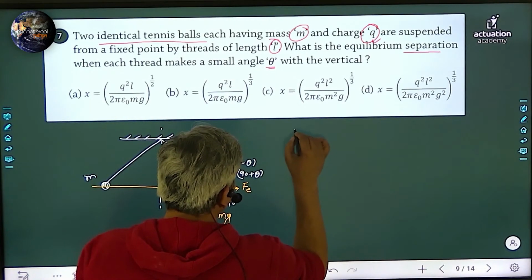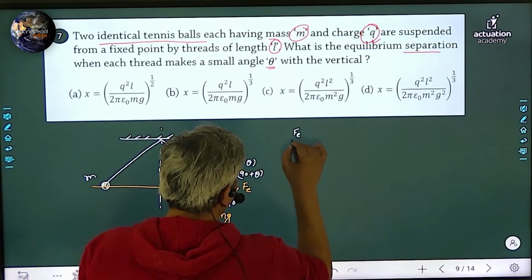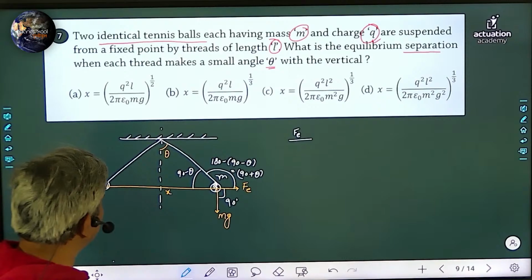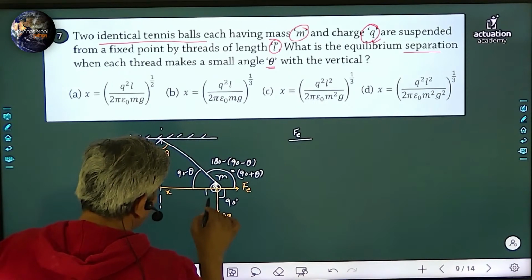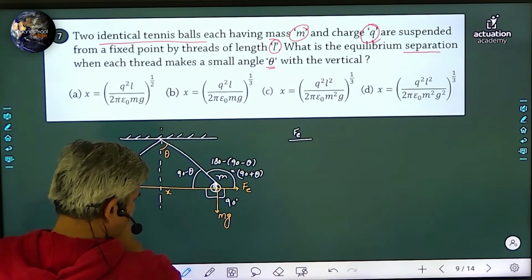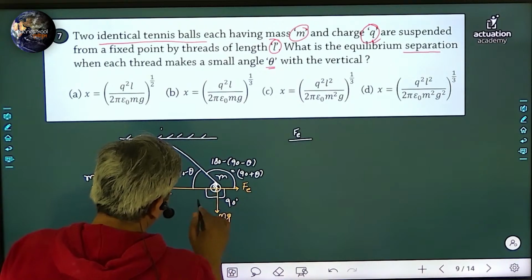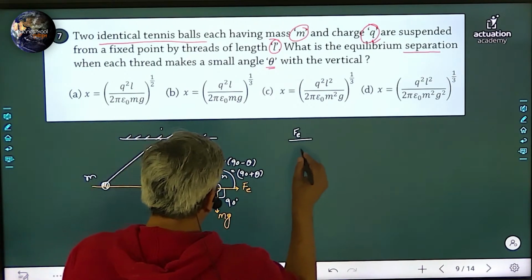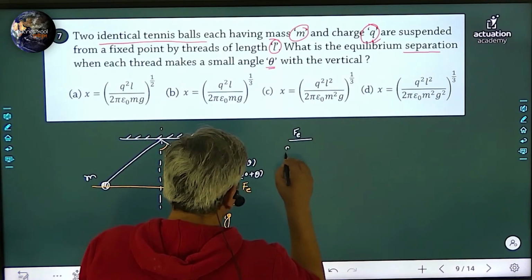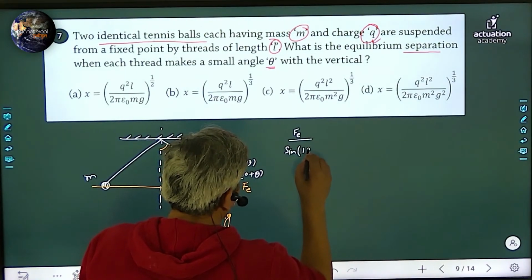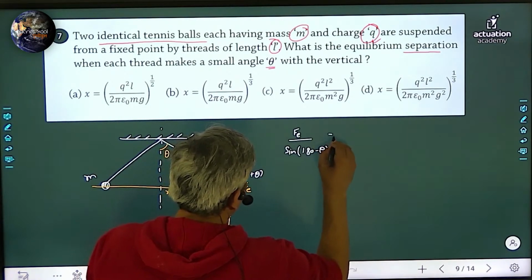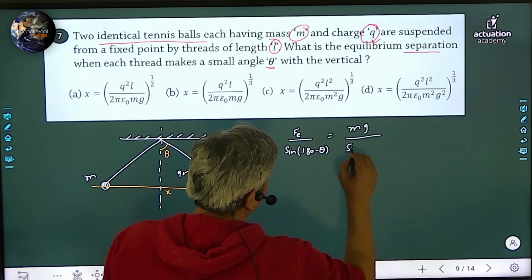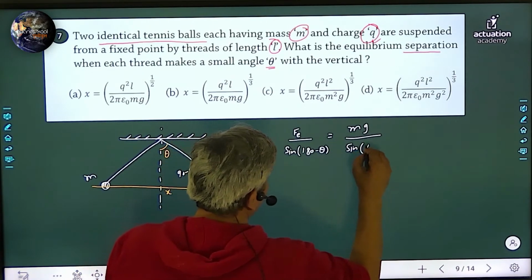What Lami's theorem says is that the force Fe over sine of 180 minus theta is equal to mg over sine of the opposite angle, which is 90 plus theta.